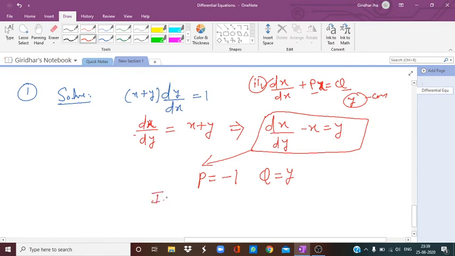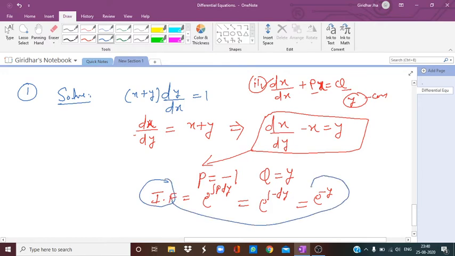So integrating factor for this form, you know, e to the power p dy, correct? So this is e to the power minus dy, because p is -1. So this will give you e to the power -y. So integrating factor done here. What integrating factor came? This came e to the power -y. Now we have ready-made solution. What is the solution of such differential equation in second form?